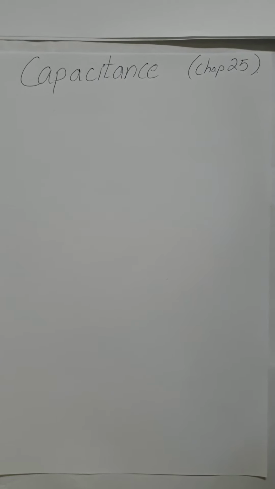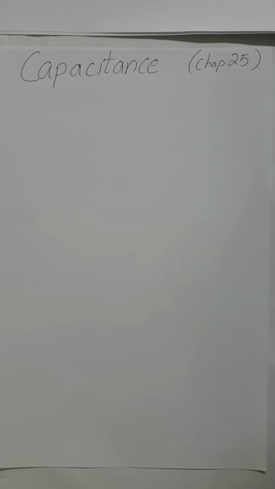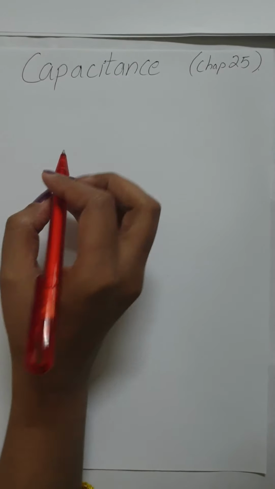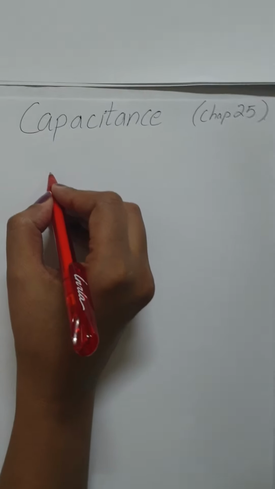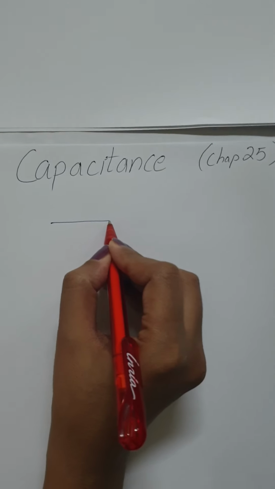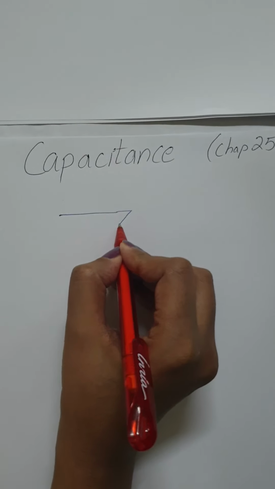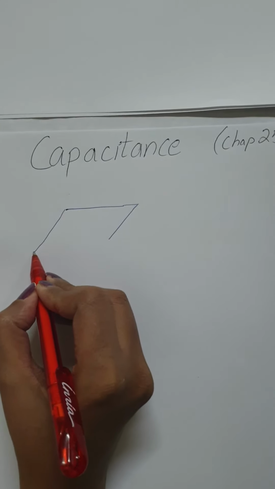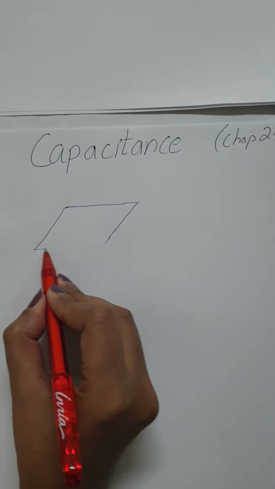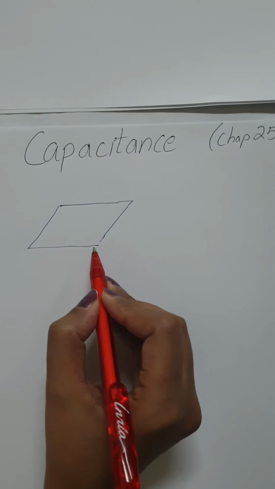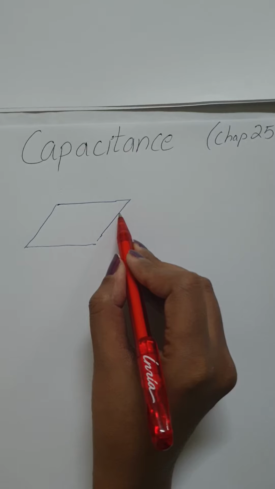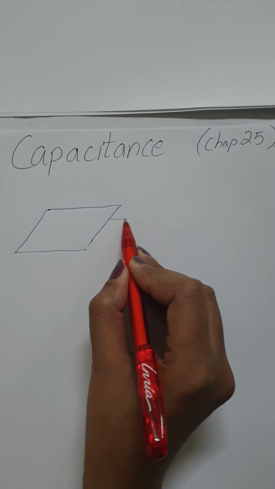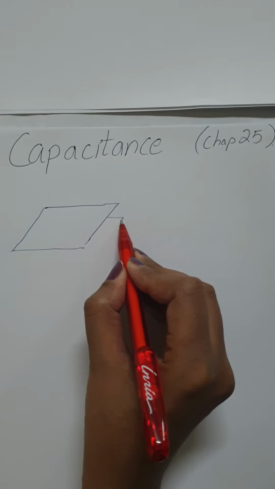So the basic elements of any capacitor consist of two isolated conductors of any shape. Here I am drawing a more general configuration of a capacitor called a parallel plate capacitor.